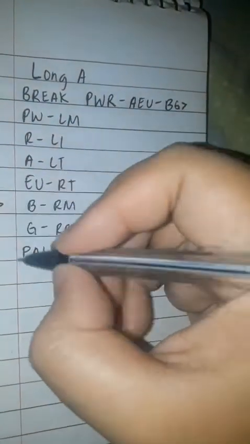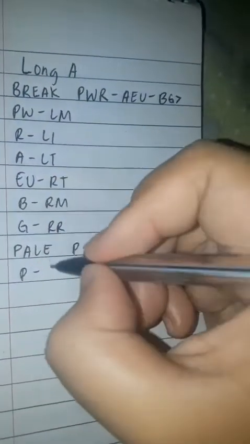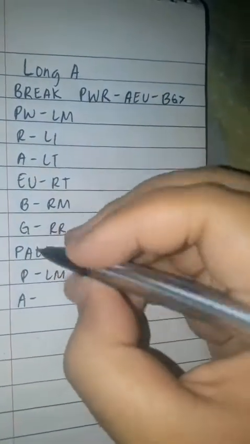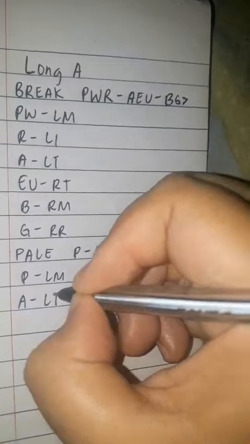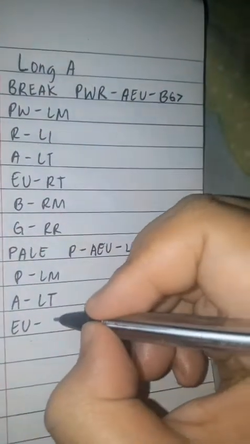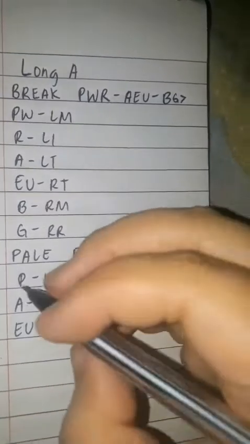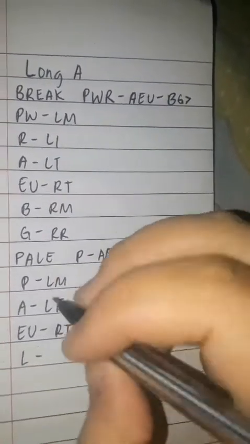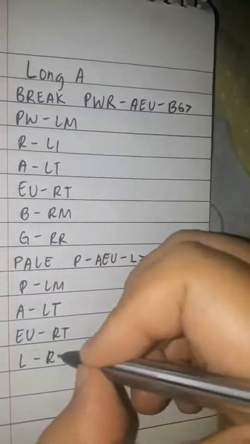So the assigned fingers for P, we have left middle. A, we have left thumb. EU, we have right thumb. And L, we have right ring.